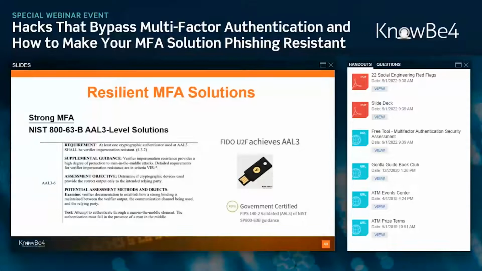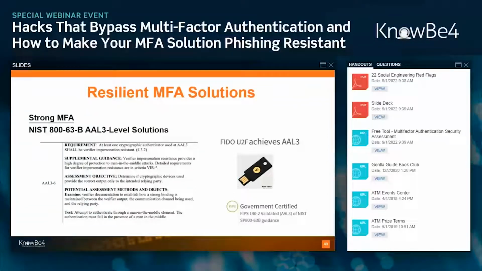And if you look at the very bottom there, in order for an authentication solution, including MFA, to become certified as AAL3, the authentication must be resistant in the presence of a man-in-the-middle attack. So any solution that is AAL3 is going to be phishing resistant.